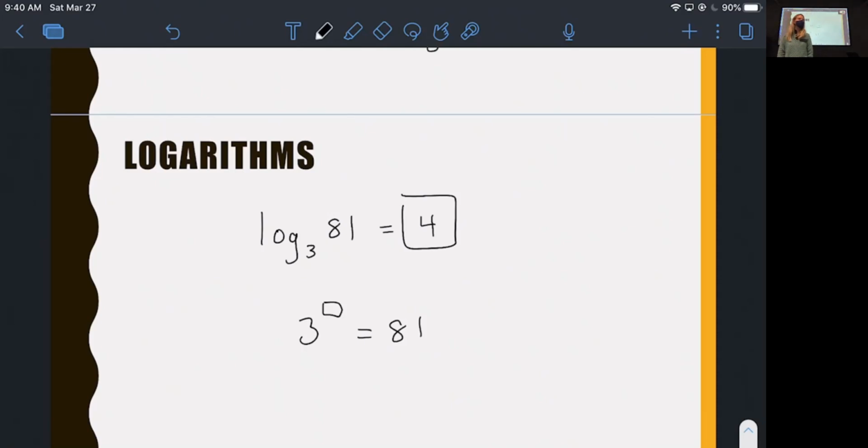Questions on logs? Logarithms, when they show up on the ACT, show up in questions 45 through 60. Typically, the most challenging problems on the ACT occur between 30 and 45. A lot of kids think 45 through 60 are challenging because they haven't gotten to that math yet.